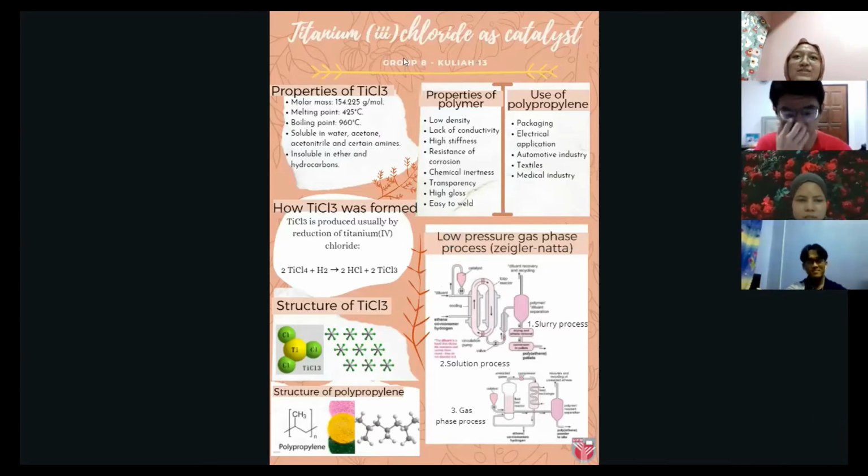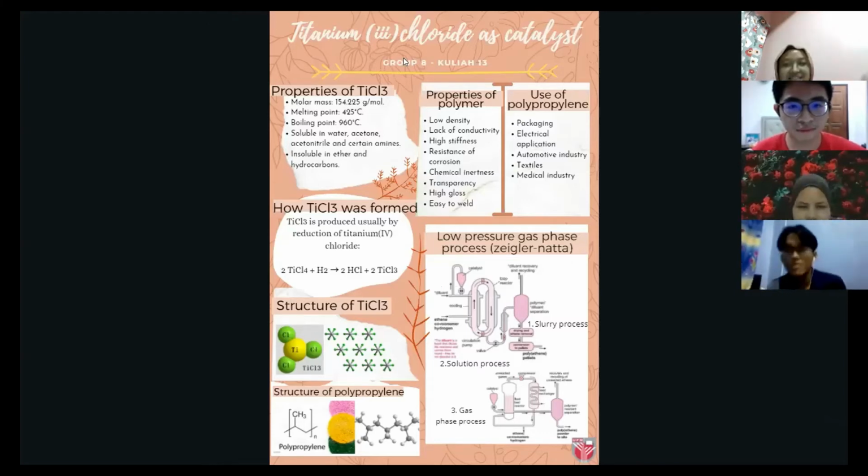So now I'm going to proceed to the structure of titanium trichloride. As you can see, at the right side is the view of titanium trichloride along the chain. The structure of titanium trichloride is that each titanium atom has 1 d electron, rendering its derivative paramagnetic, so the substance is attracted into a magnetic field.